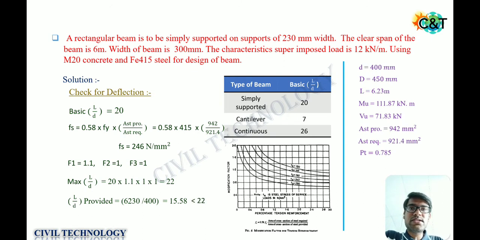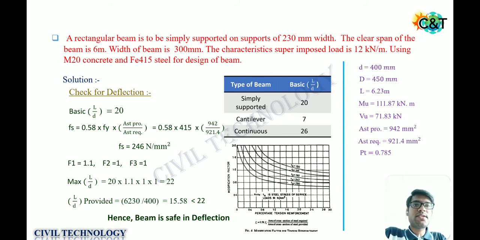Which means our beam is safe in deflection, so we do not have to worry about the deflection criteria here. This way we can design the rectangular beam as per the IS 456 codal provisions. Hope you guys understand the process of rectangular beam design.